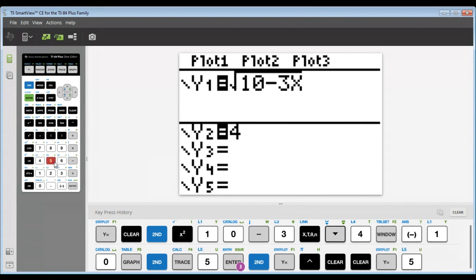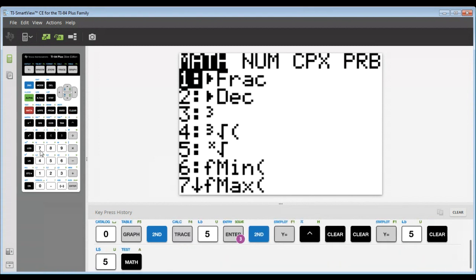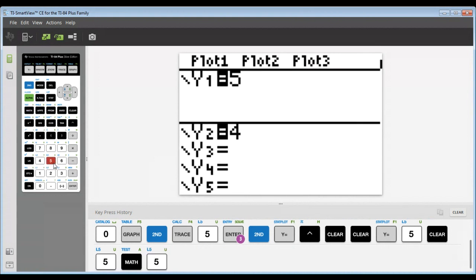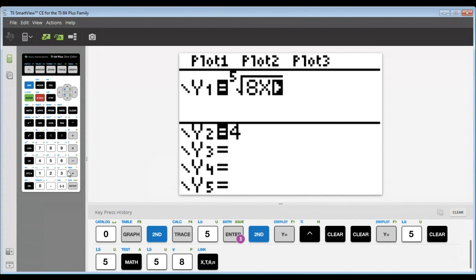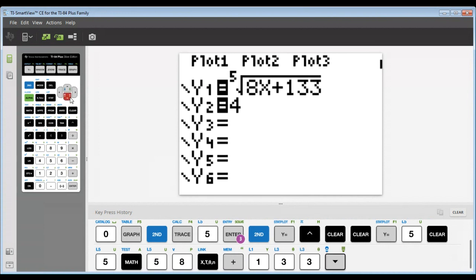So I'm going to do 5. Oops, I've got to clear everything. Okay, so 5, then I hit math, and then go to 5 again. Then 8x plus 133. Then I go down to y2 is 4, so I leave it as it is.